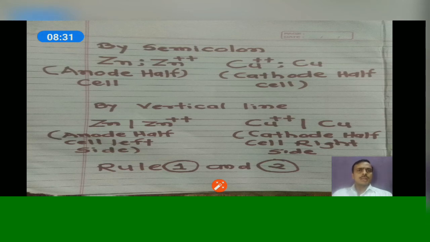The cathode half cell is written on the right hand side, and the anode half cell is written on the left side of the cell.